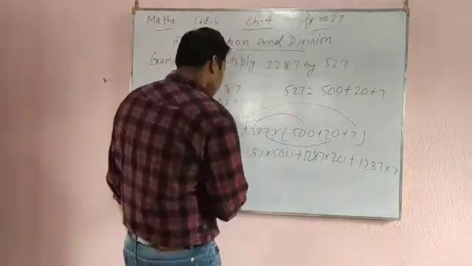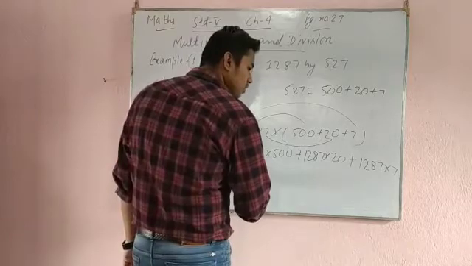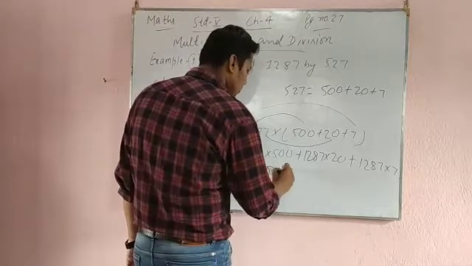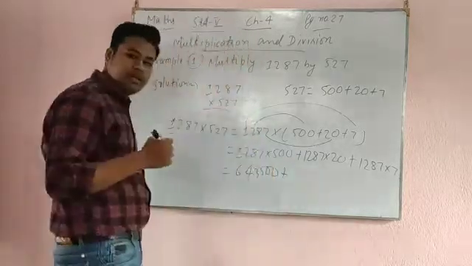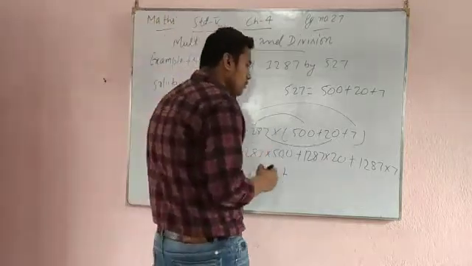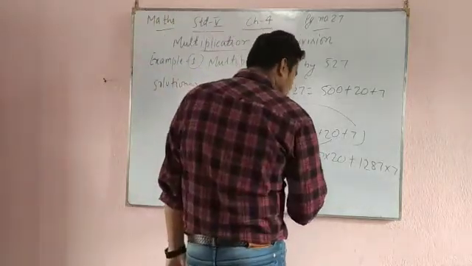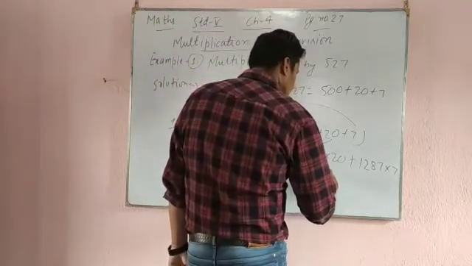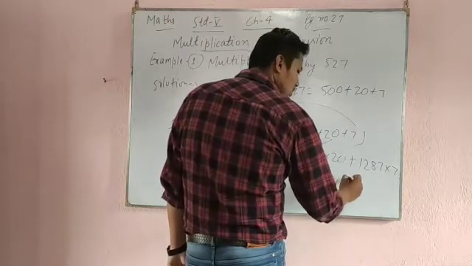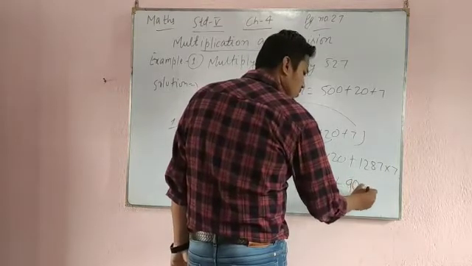Now multiply one by one. 643,500, when you multiply 1287 with 500. When you multiply 1287 into 20, you get 25740. And the last one is 9009.